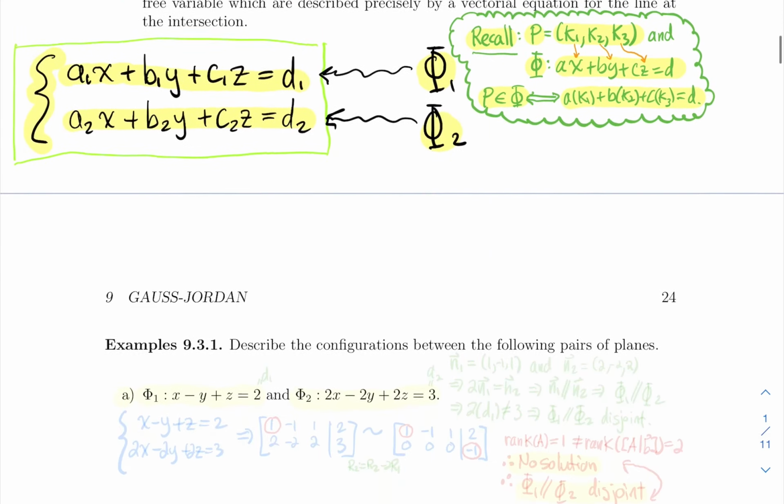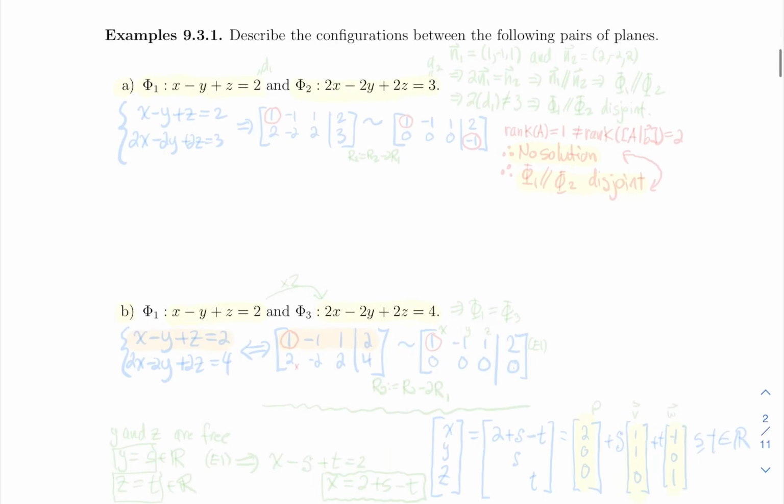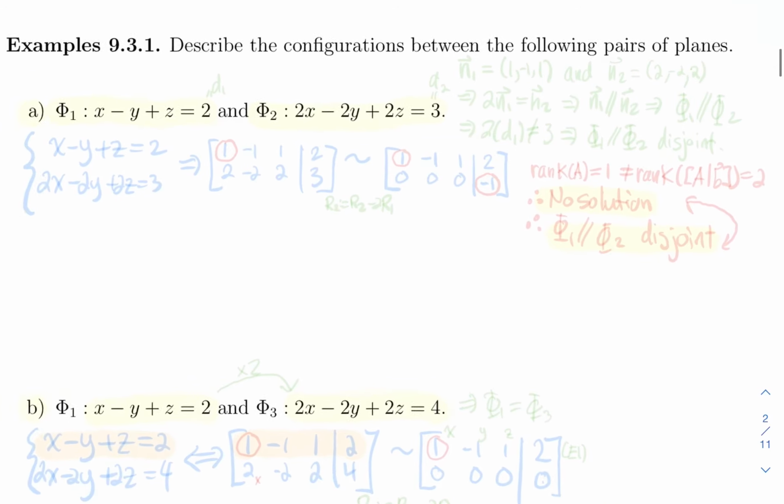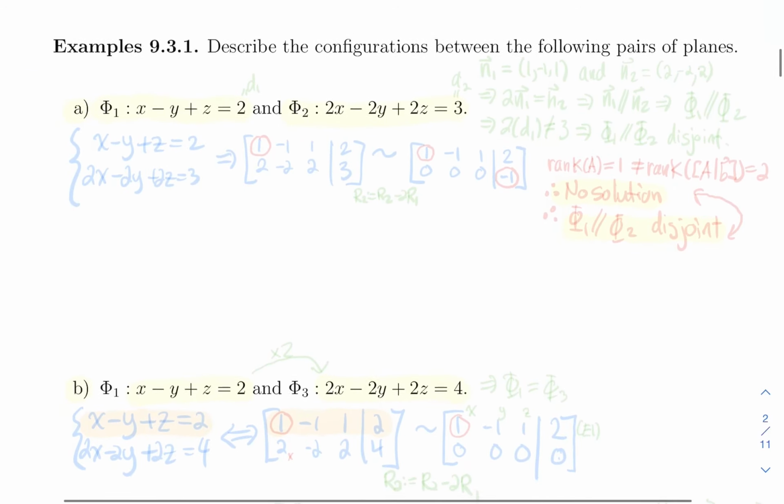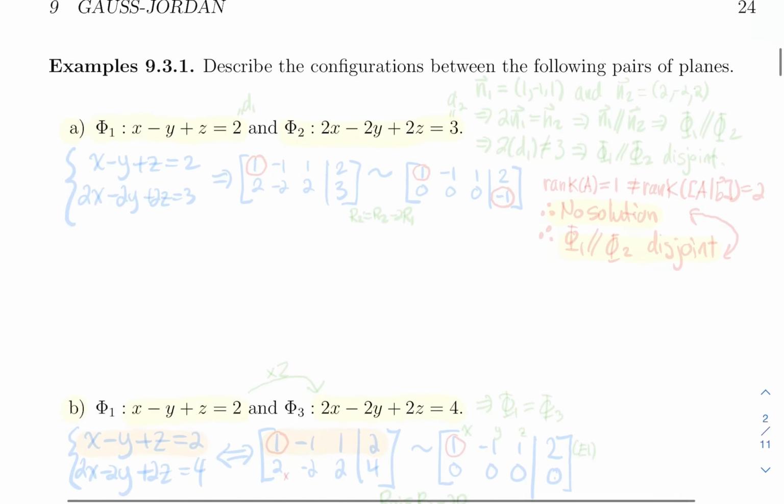Let's do our first example, example 9.3.1. We need to describe the configurations between the following pairs of planes, and we'll be using the general solution to make that conclusion. For A, we have phi1 equal to x minus y plus z equals 2, and the second plane phi2 equal to 2x minus 2y plus 2z equals 3.